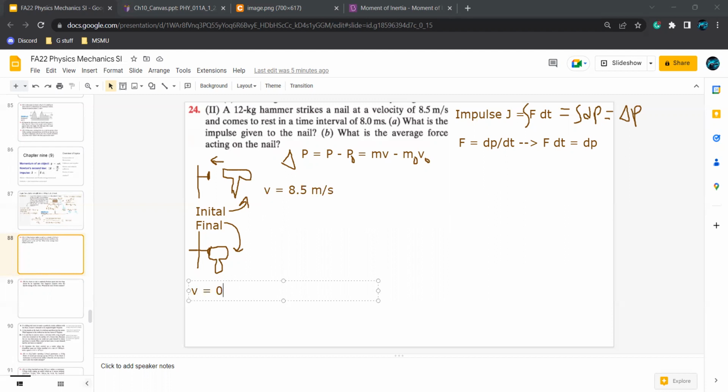And then at the second one, it's at rest, so it's 0 meters per second. Let me include that all in view of the hammer.